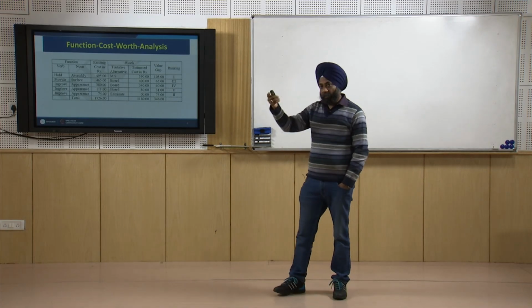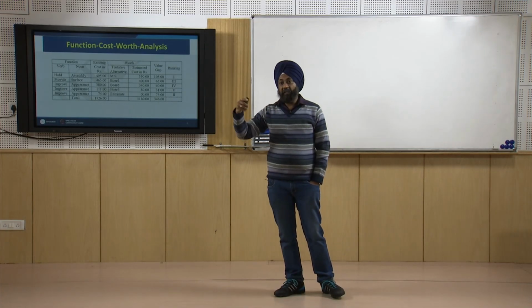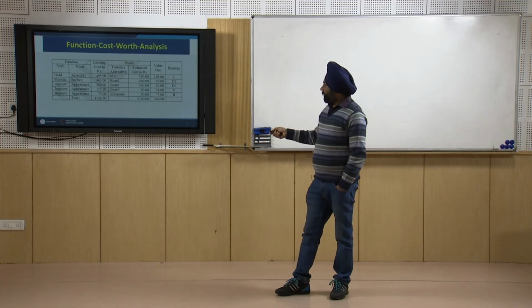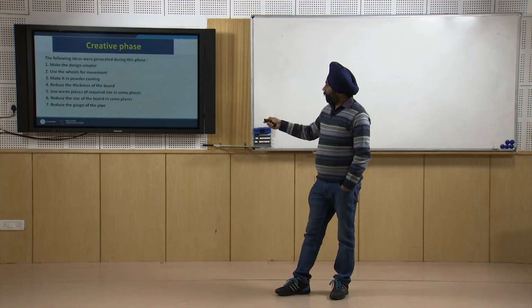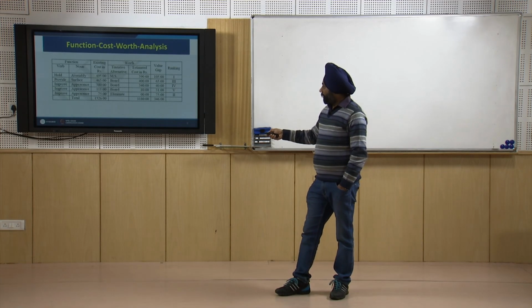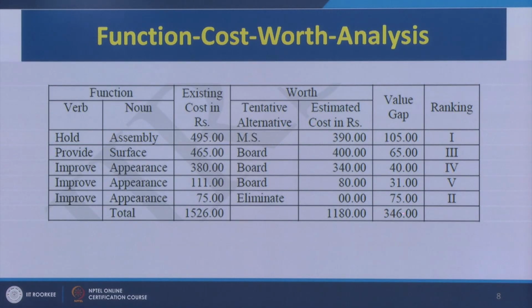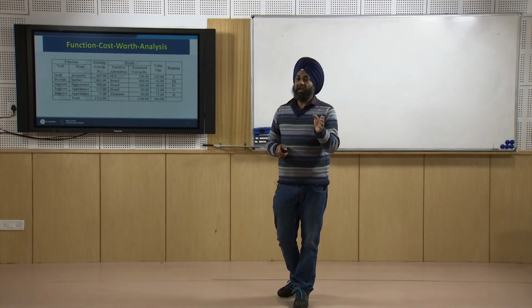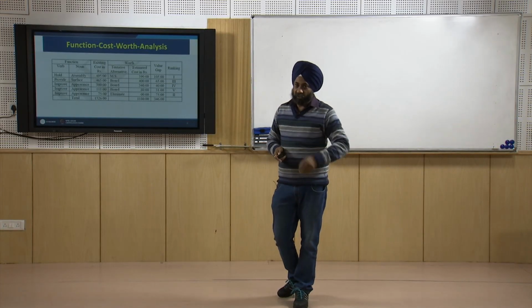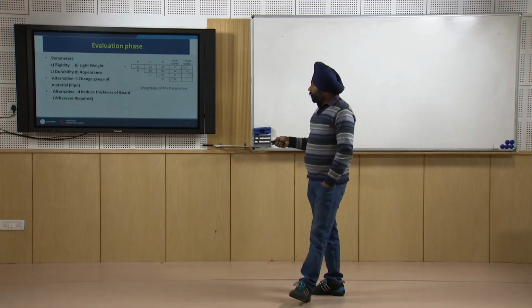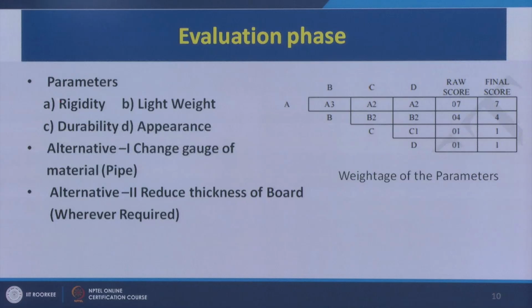So you have design 1 which is existing, and design 2 which is the redesigned part using the creative phase. So we have a redesigned part, and then there is a value gap that exists. So we are saving 346 rupees. These 346 rupees should not come at the cost of any reduction in the performance. So therefore we will evaluate the designs based on rigidity, lightweight, durability and appearance.